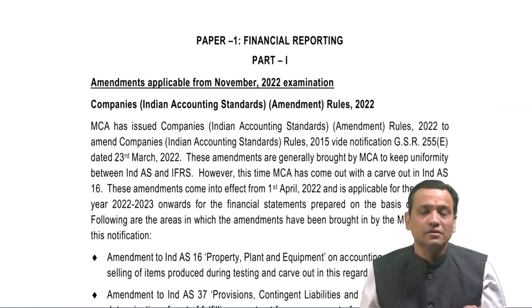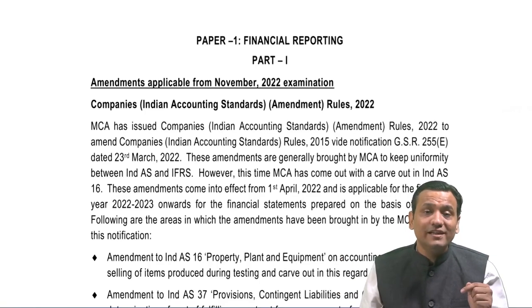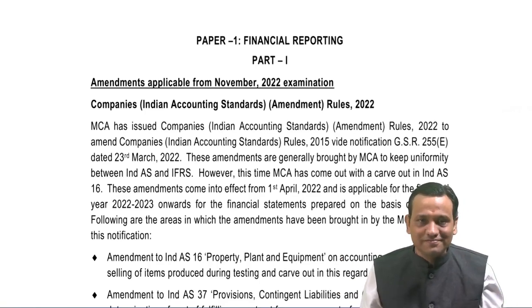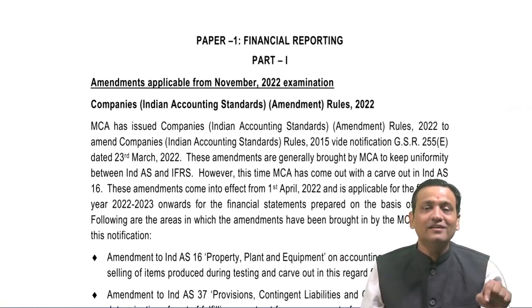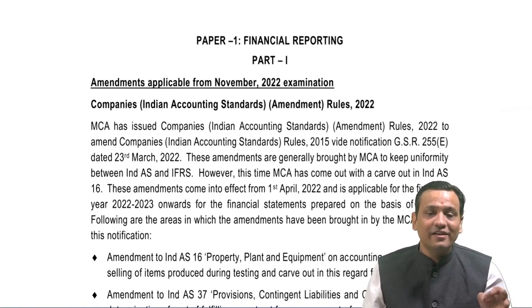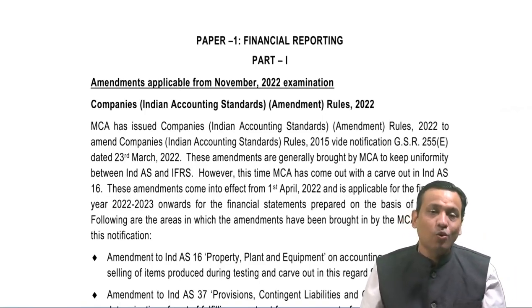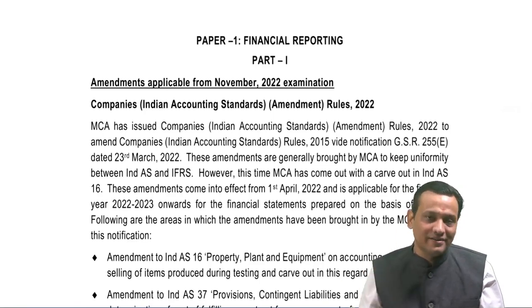But what if the sales proceeds are in excess of the cost? I incurred a test run of 500, but I received 700 from sales proceeds. So 200. What should be done with respect to 200?